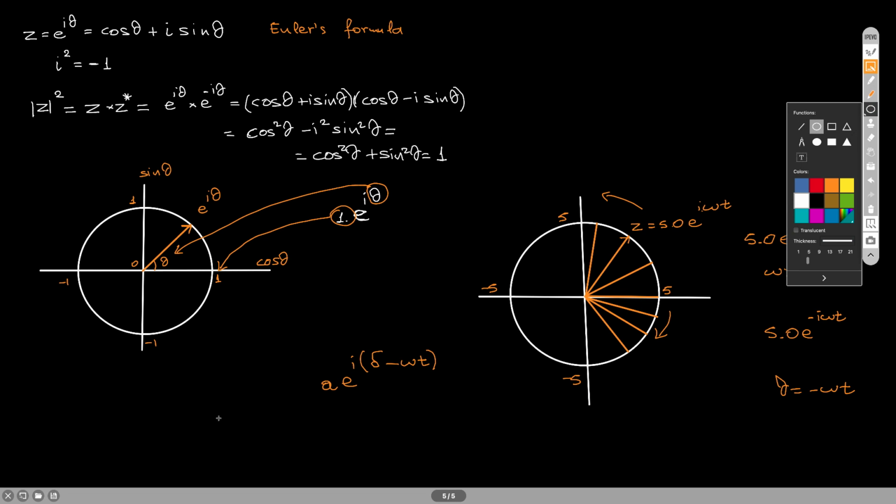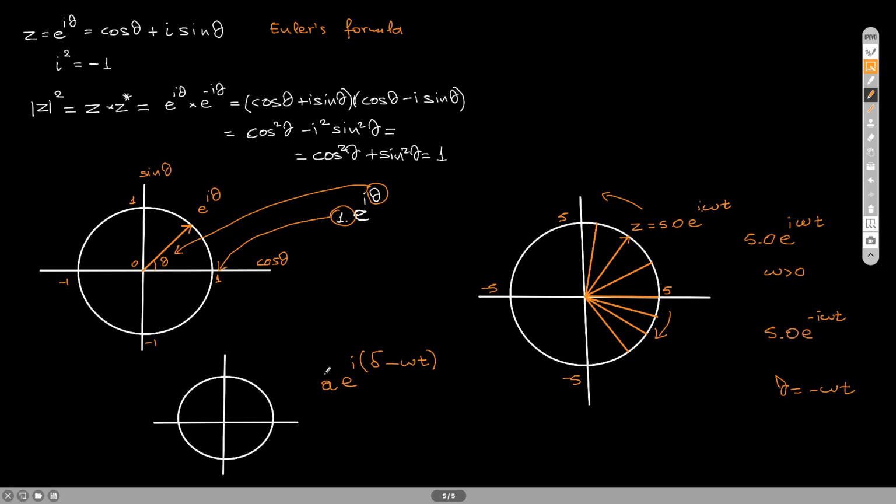Now the way that I will represent this, let's draw a small circle here so that we can work on this. I see that I have A here, so the magnitude of my complex number is A. This means this is A, minus A, and that's my 0.